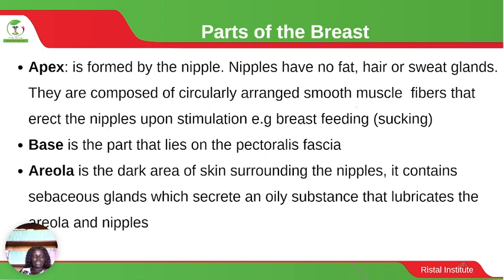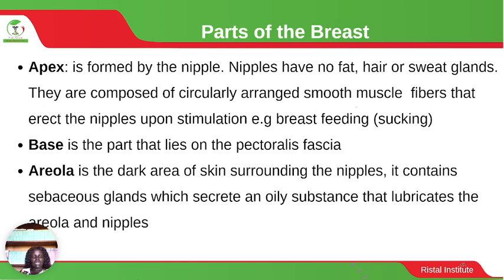Parts of the breast. We have the apex. The apex is formed by the nipple. Nipples have no fat, hair, or skin glands. They are composed of circularly arranged smooth muscle fibers that erect the nipples upon stimulation, such as breastfeeding or suckling.